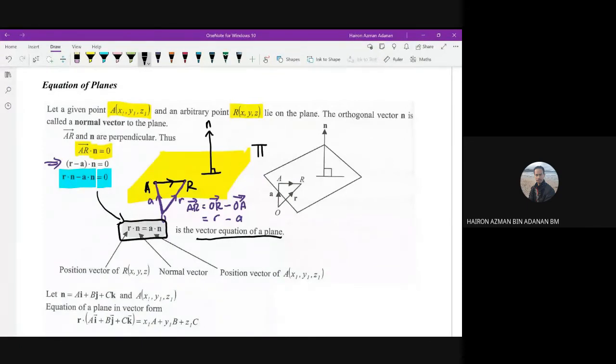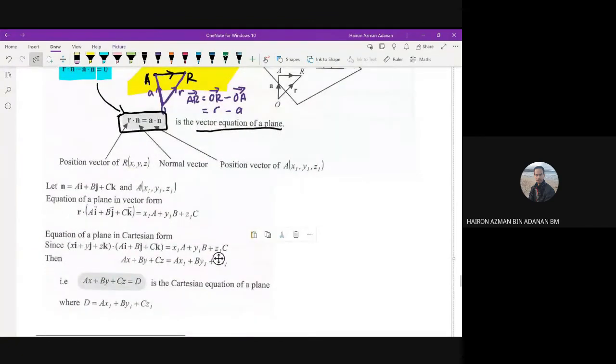What is R? R is the position vector of R, N is the normal, A is the position vector of A. I hope you understand. We need one point on the plane and then we need the normal vector. Now the problem is how to find the normal vector, so we just refer to the example after this.